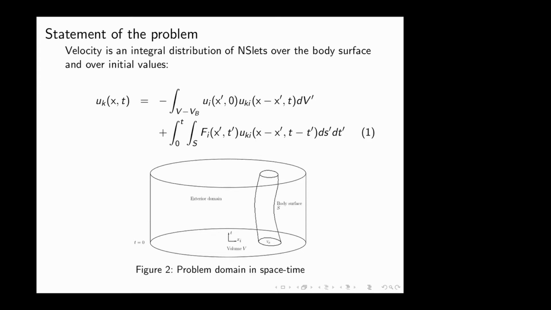And also very often we look at things from initial value. So the first integral over V minus VB is what's happening when t equals 0, because we've got the velocity there as a function of x prime 0. So over the figure 2, that's this volume represented at the base of this figure.